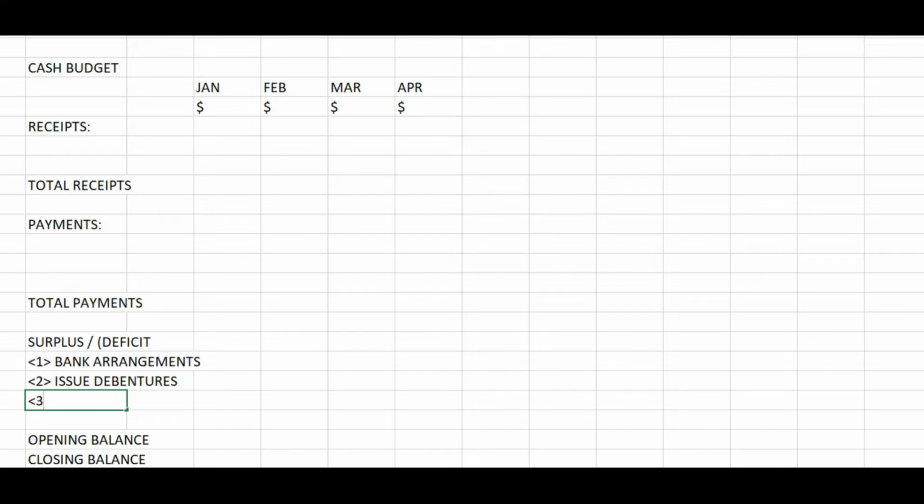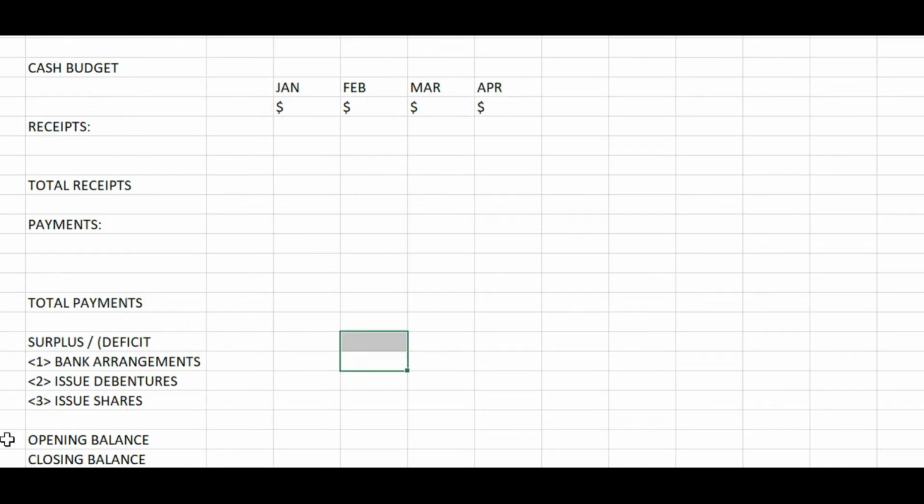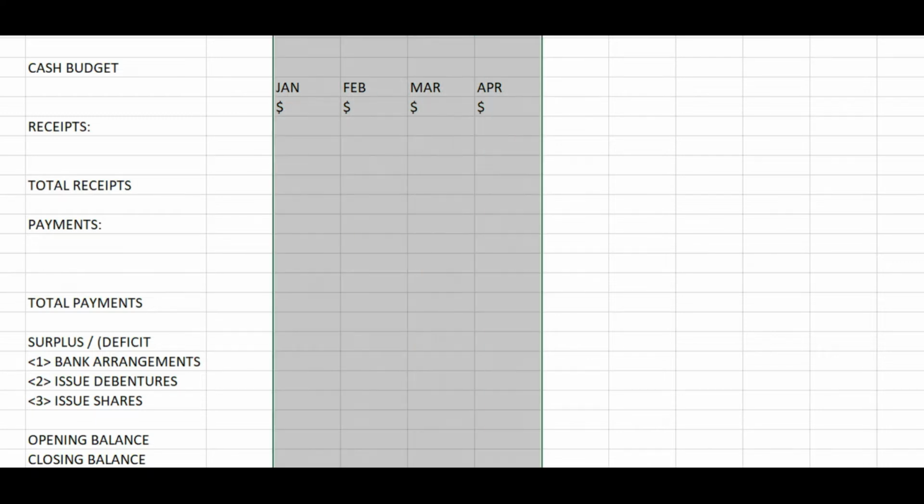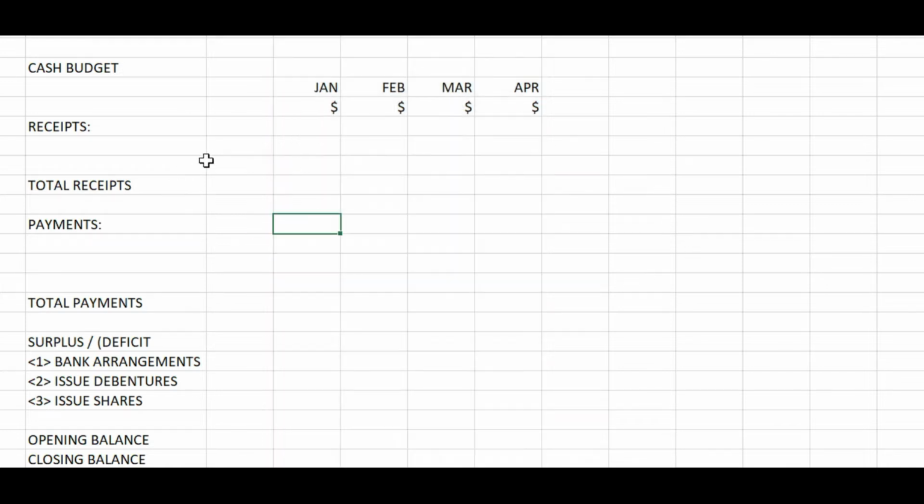Number 3 is issue shares, which dilutes the ownership of shareholders, and shares are classified under equity. So everything is in order. Let's play around with the alignment a bit for total receipt, total payment and all this.